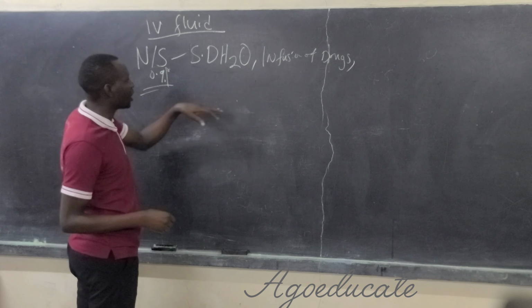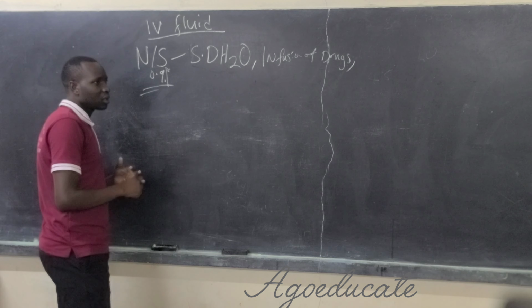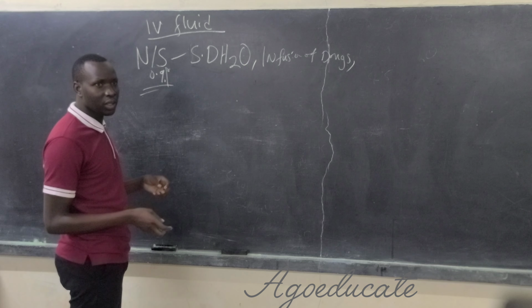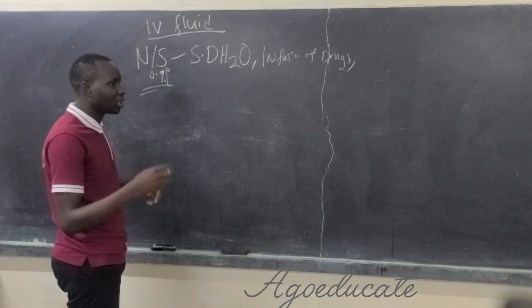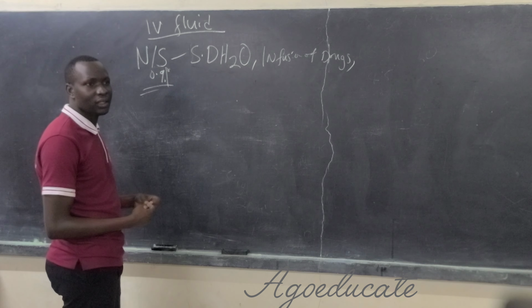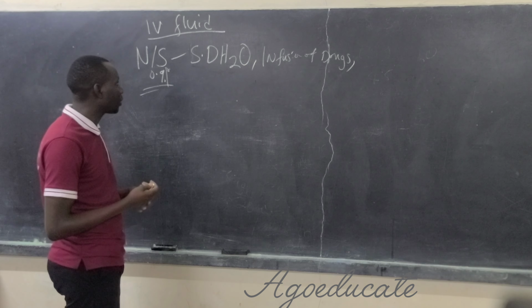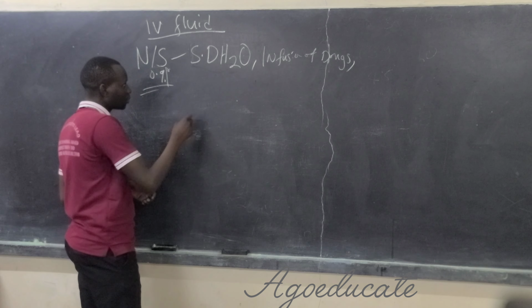Other very common drugs that cannot be given as a bolus, they put in normal saline and then it runs. For example, aminophylline. There are quite many drugs that are given in normal saline.